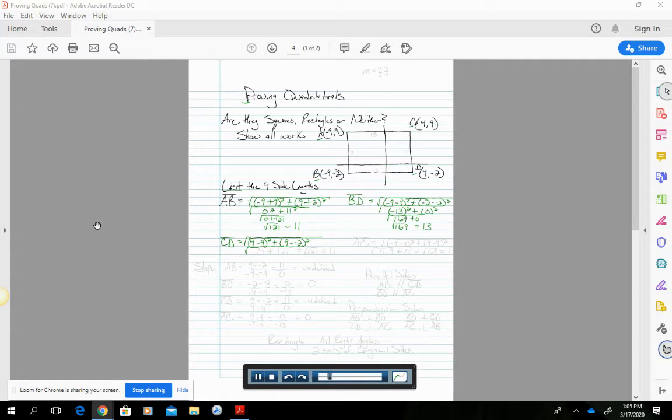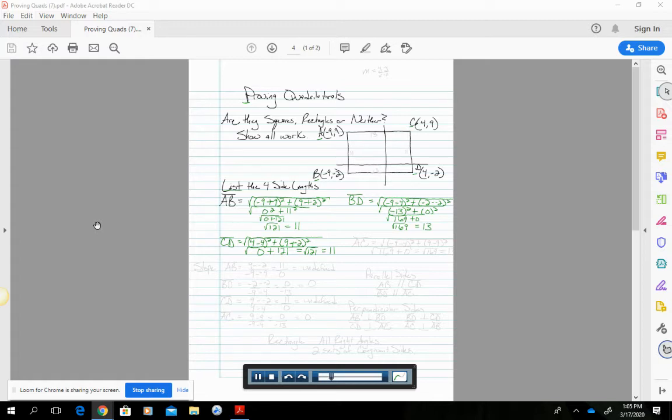So 4 minus 4 is 0, 0 squared is 0, plus 9, just make two negatives make a positive. So 9 plus 2 is 11, 11 squared is 121, which gives me the square root of 121, which square root of 121 is 11. So that's the length of C to D.